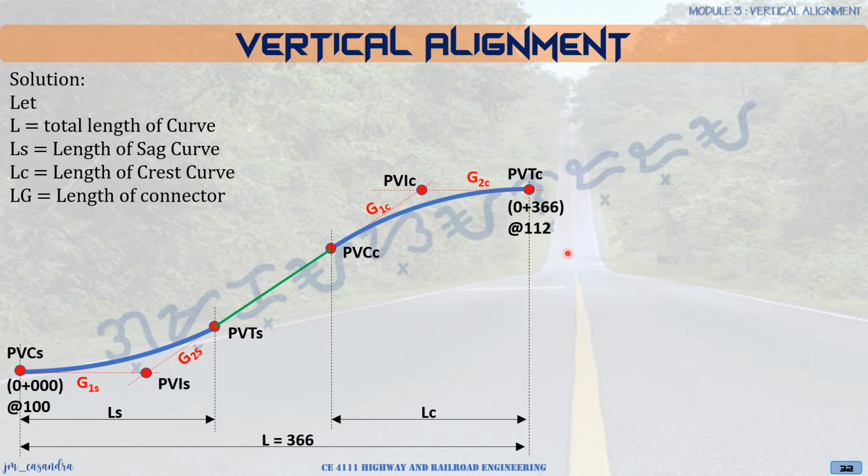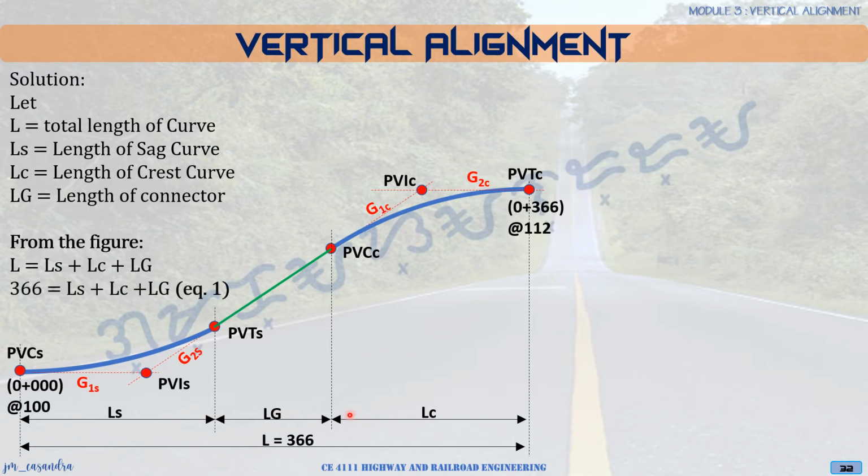And LG will be the length of your connecting grade. So from the figure, we can now say that L is equal to LS plus LG plus LC. So our first equation will be 366 equals LS plus LC plus the connecting grade.